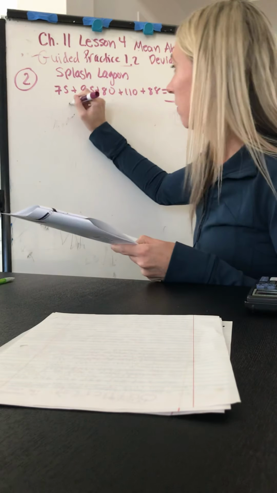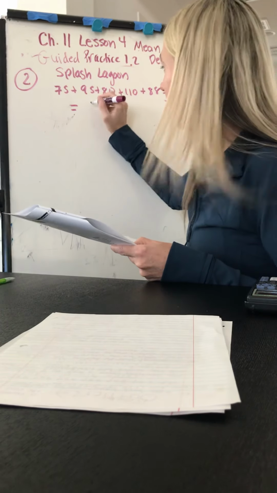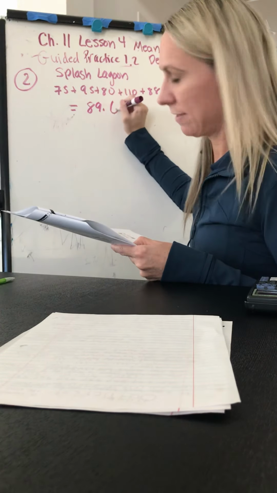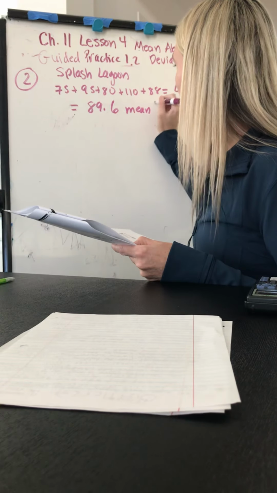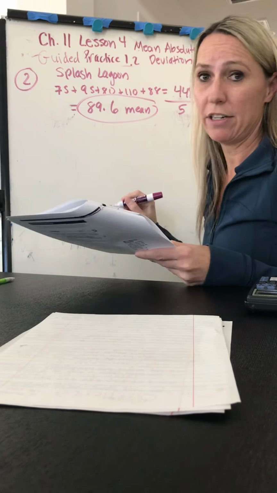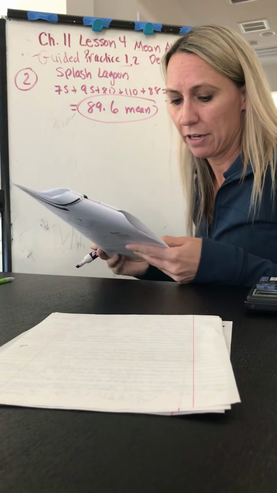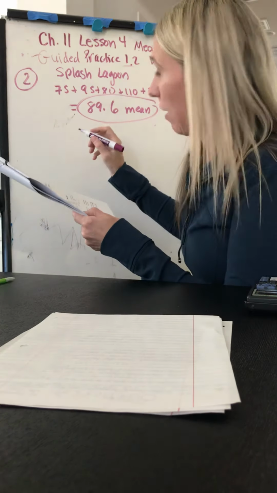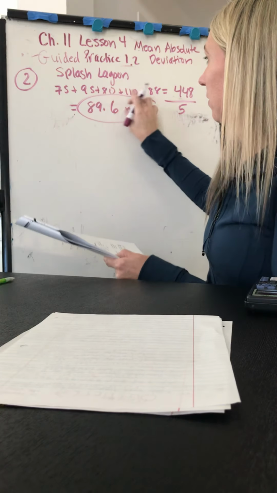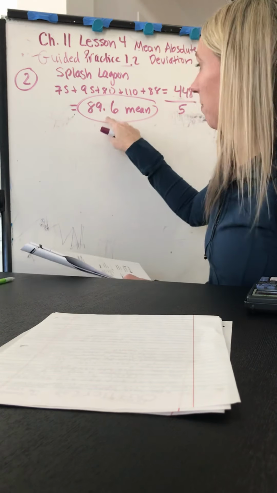That's called the mean. And we get 89.6. This is the mean. Okay, and even using a calculator, this is the work that you should write. So there's still lots of work, even if you're using a calculator. So now I'm going to subtract every single piece of data from the mean.